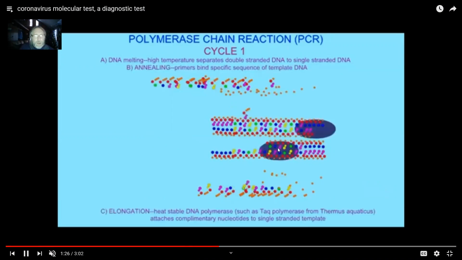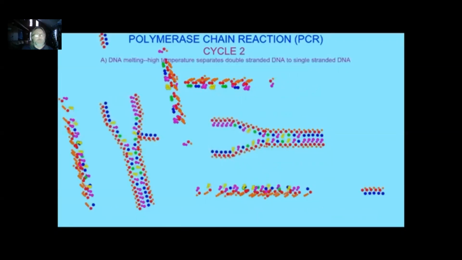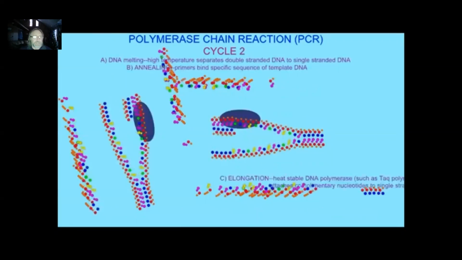You then make copies of the single strands to make them double-stranded again, but you only do specific sequences, like the virus sequence. So you add a primer that only will replicate the viral sequences. That way, when you start amplifying DNA, you're not amplifying random DNA, you're amplifying the virus sequence.